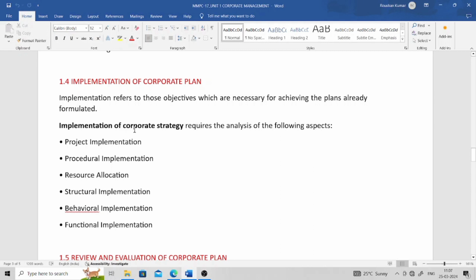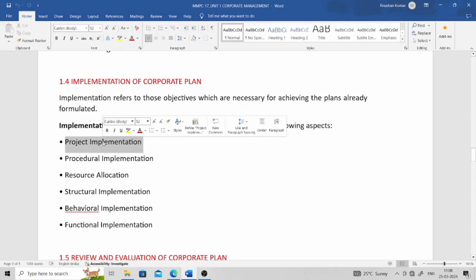Implementation of corporate strategy requires the analysis of the following aspects. These are the aspects which need to be analyzed. The first is project implementation, that is, how to implement the project should be dealt with here.